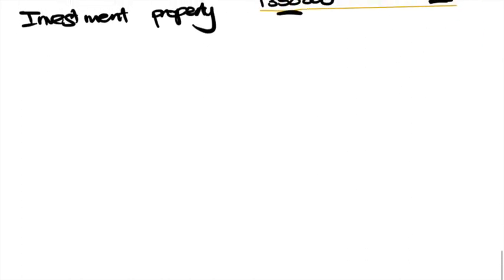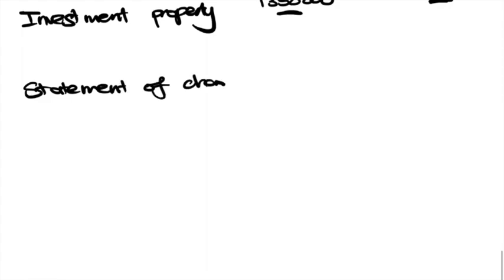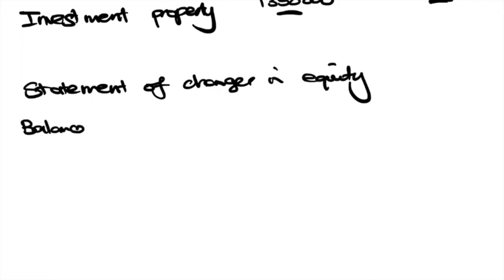Then the last extract we need to do is from the statement of changes in equity. For the statement of changes in equity, we're going to have our balance as reported.